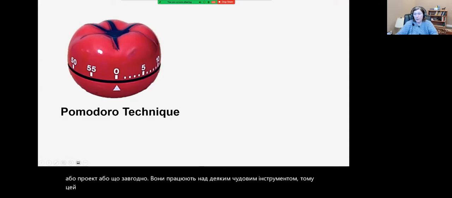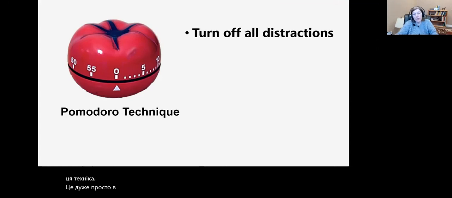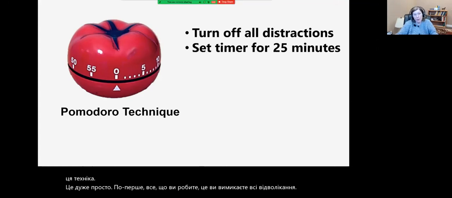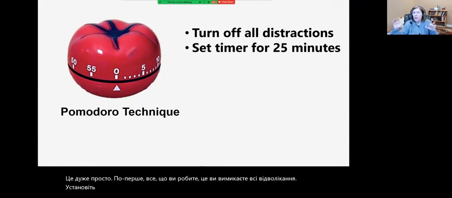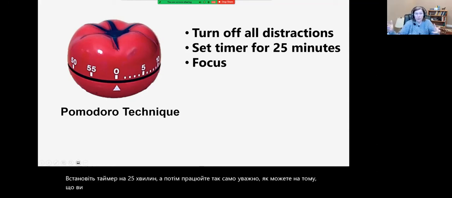It was invented by Francesco Cirillo in the 1980s. And this technique is very simple. First, all you do is you turn off all distractions, set a timer for 25 minutes, and then work as intently as you can on whatever you're studying or learning or doing, if you're grading tests or something like that.